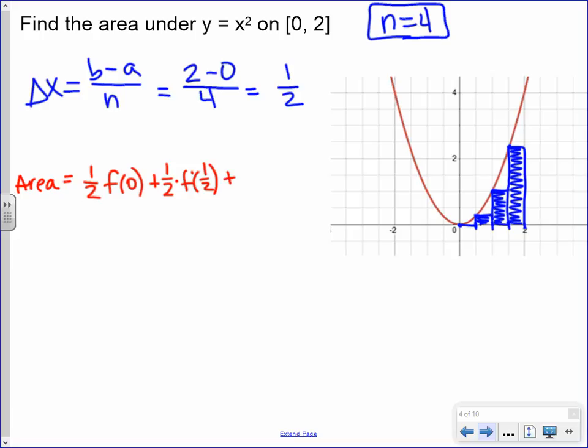This third rectangle from 1 to 1.5 has width of 1/2, and its height, since we're using the left side, is the function value at 1. And then this fourth rectangle from 1.5 to 2, since we're using that left endpoint, has a width of 1/2, and its height is the function value at 3/2.